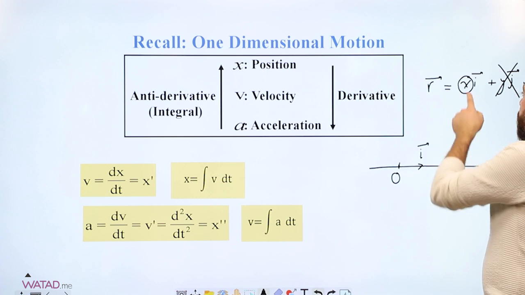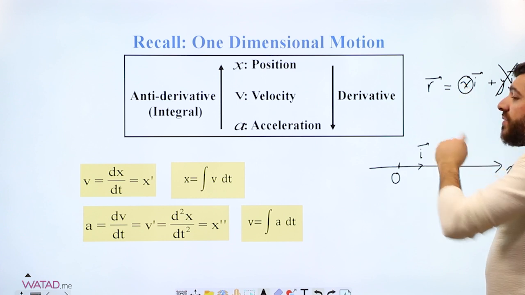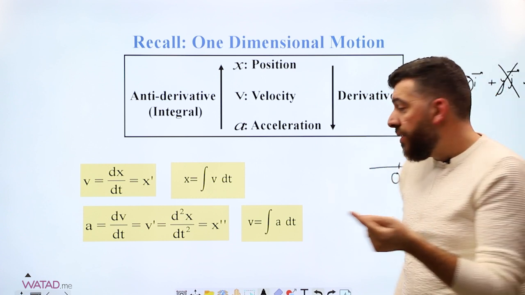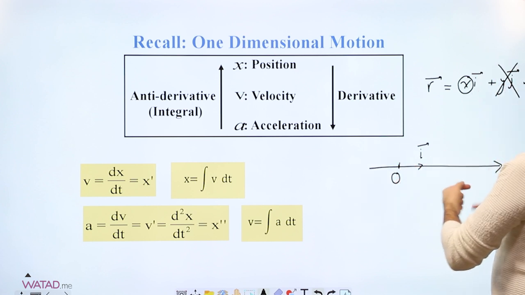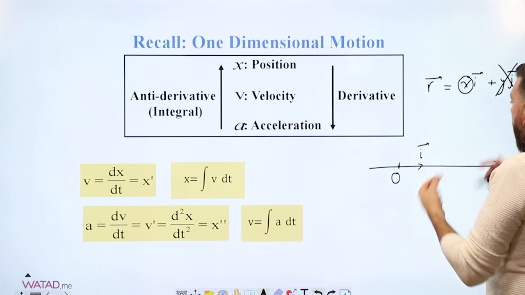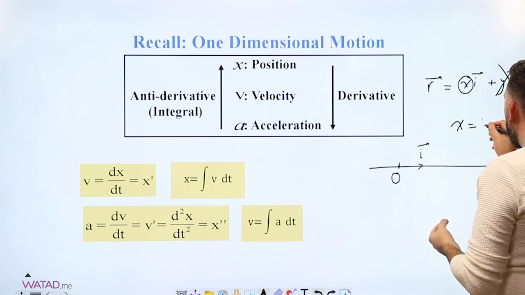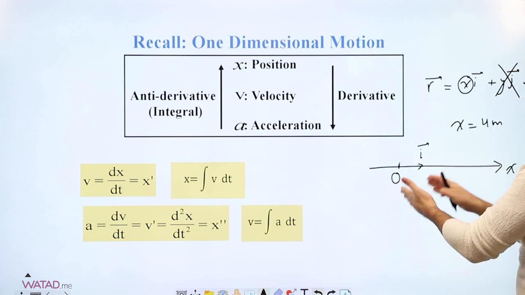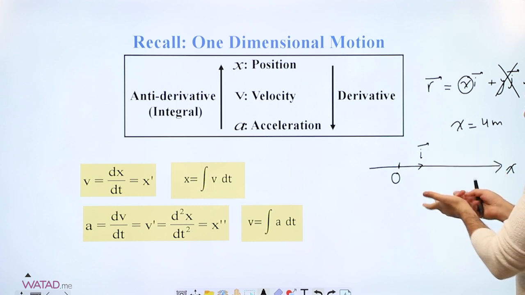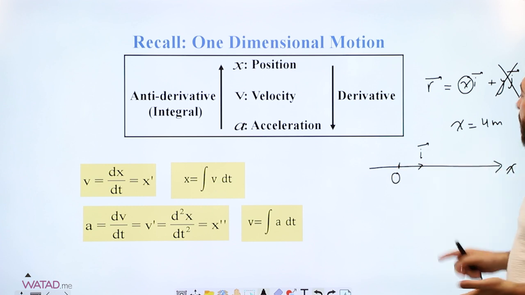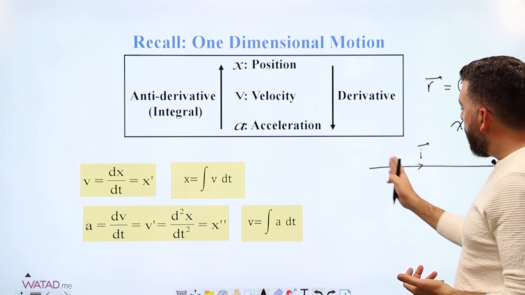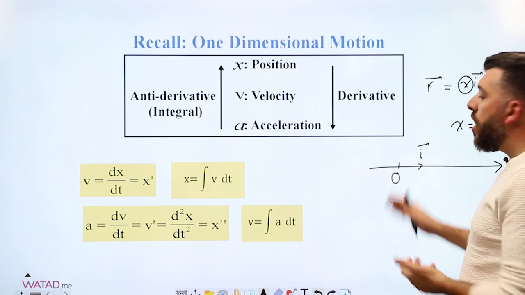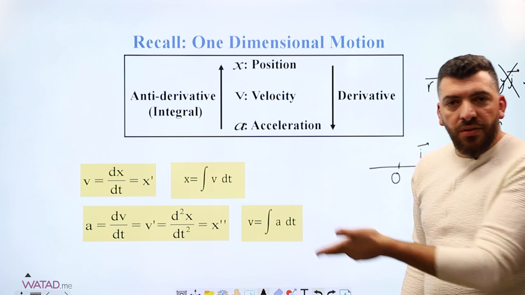To describe the direction, we can use the positive and negative signs here. So if the particle is to the right of O, x is positive. If x is, let's say, 4 meters, it means it's 4 meters away from O in the positive direction. If x is equal to -5, it's at a distance of 5 meters from O in the negative direction.